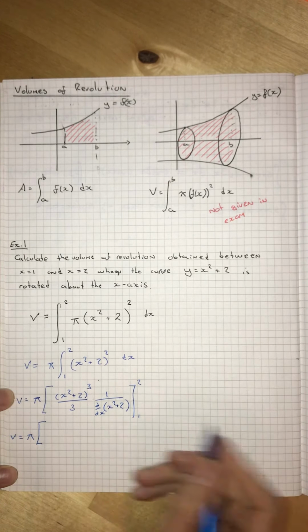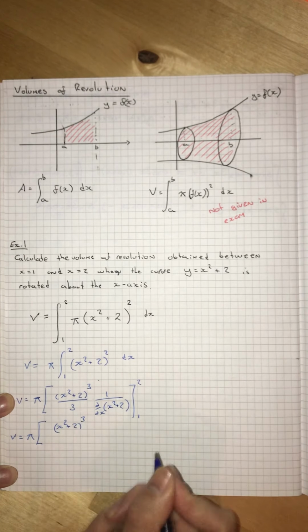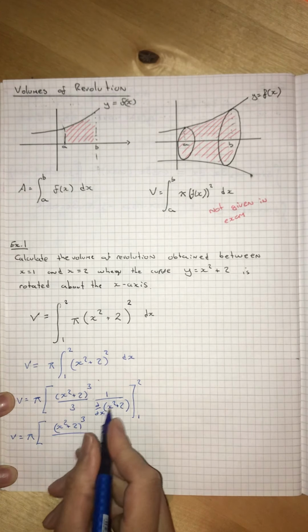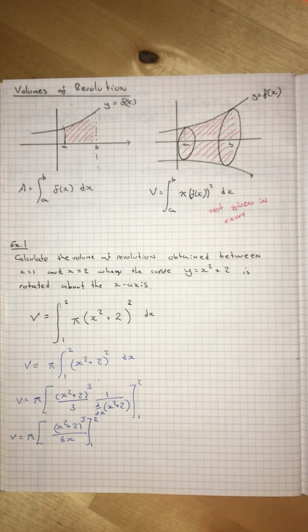That is 2x, so we get x squared plus 2 cubed all over 2x times 3, which is 6x, between 2 and 1. Okay?